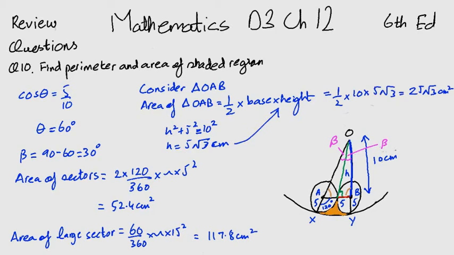We get the area as 25 multiplied by root 3 centimeters squared. The shaded area is found by subtracting the area of the two smaller sectors and the area of the triangle OAB from the area of the large sector. This is going to give us the area of the gap, which is the shaded region. This comes out to be 22.1 centimeters squared, and this is our answer.